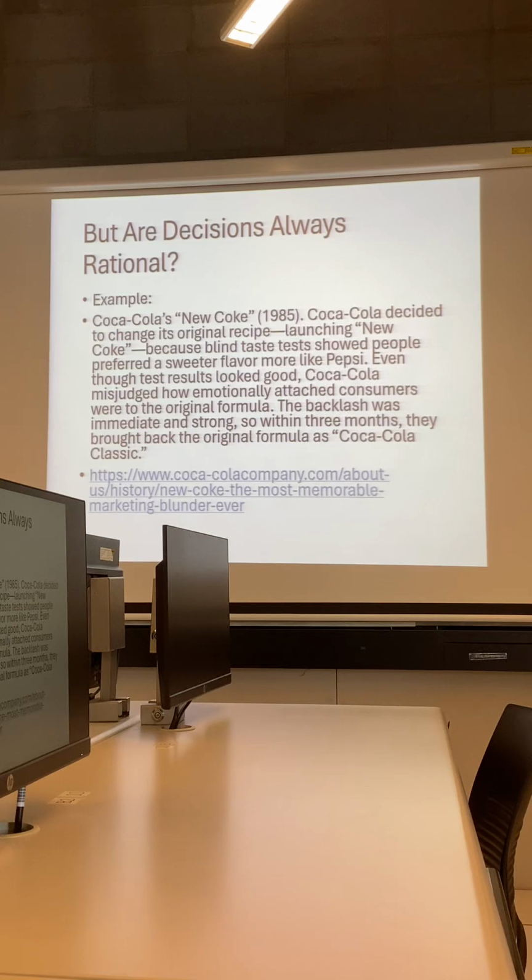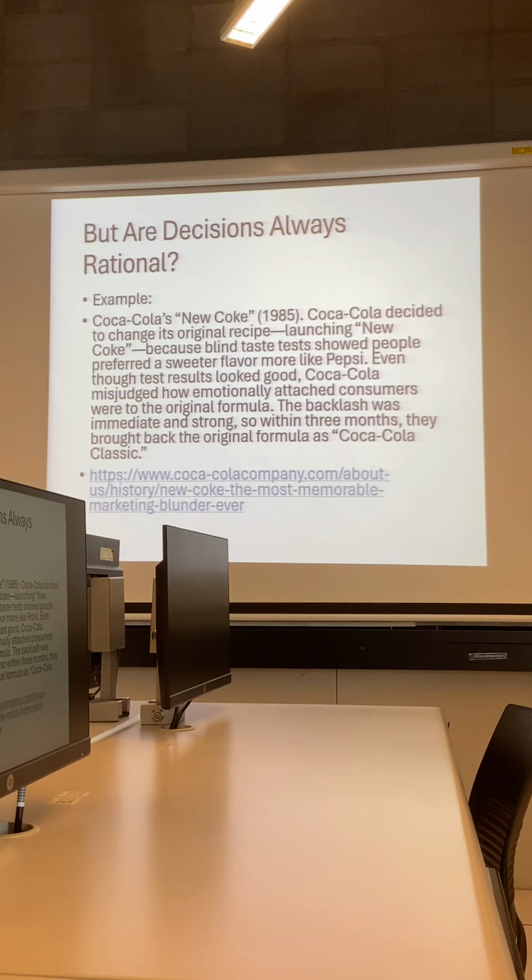Anyhow, another example, Coca-Cola. New Coke is the brand they launched in 1985. Coca-Cola decided to change its original recipe, launching New Coke, because blind taste tests showed people preferred a sweeter flavor, more like Pepsi.